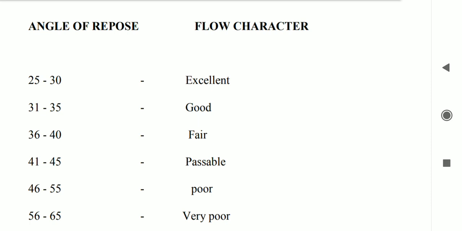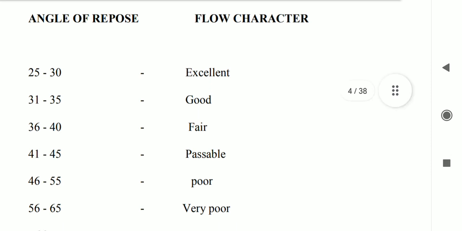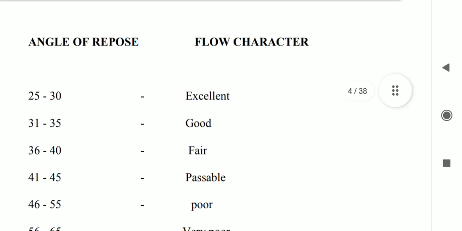We measure that height divided by the radius of the material formed on the ground. So height by radius. If stickiness is more, or the void space or free space is more, the height will be less.